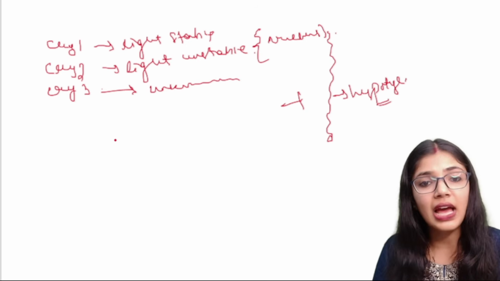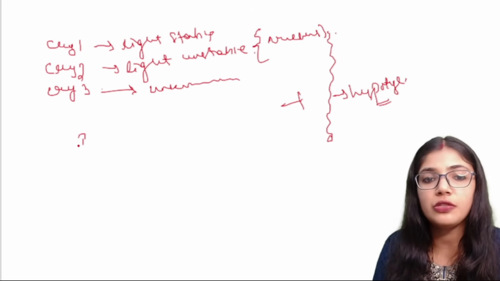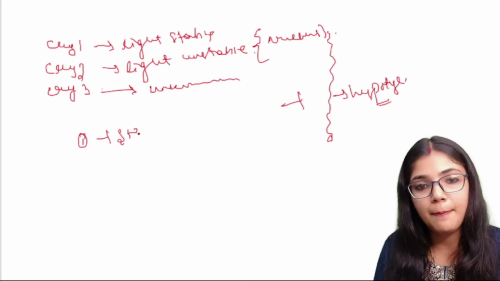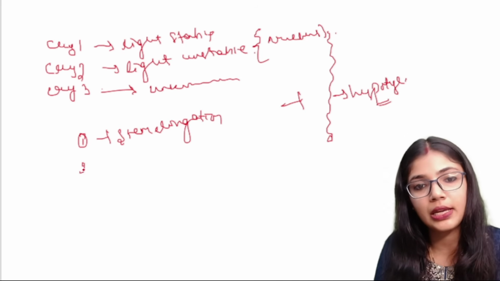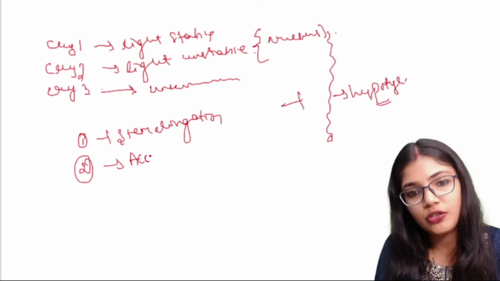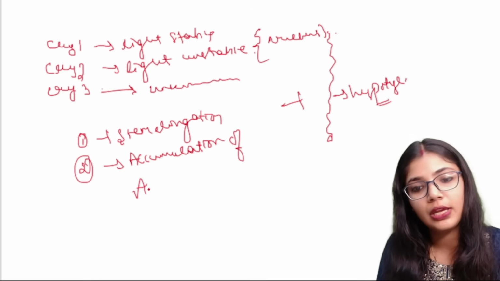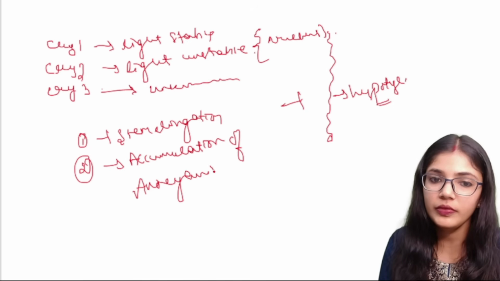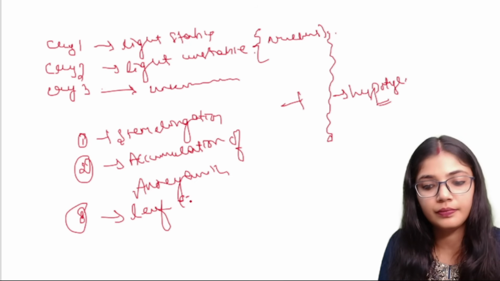It can also help in the production of anthocyanin. The first work is that it inhibits stem elongation. The other work is that it helps in the accumulation of anthocyanin, as well as leaf expansion.